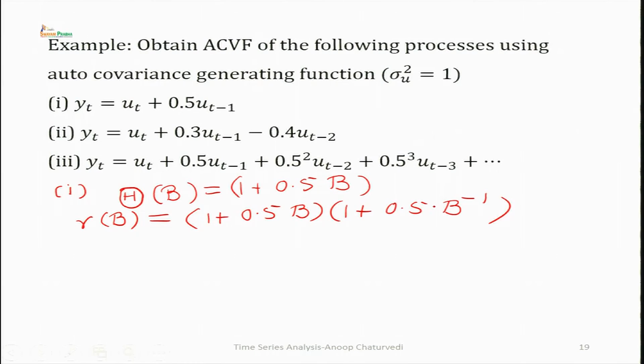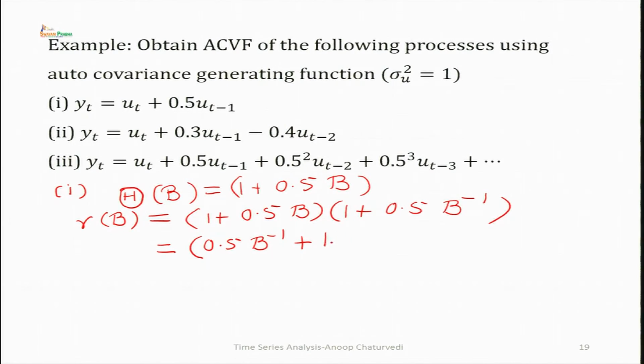Now, we multiply these two quantities and then we arrange the terms in the B. So, the first term is 0.5 B inverse plus, then we take the terms involving B to the power 0.